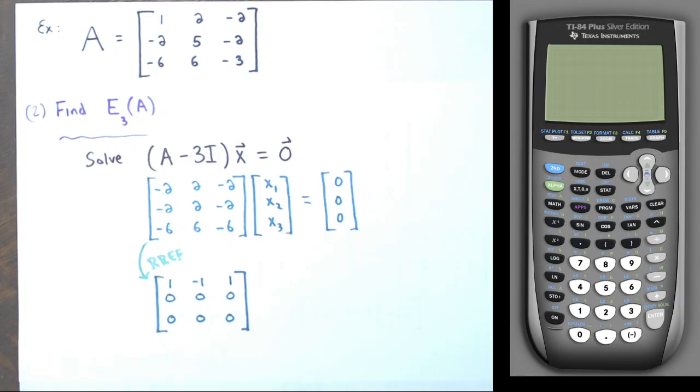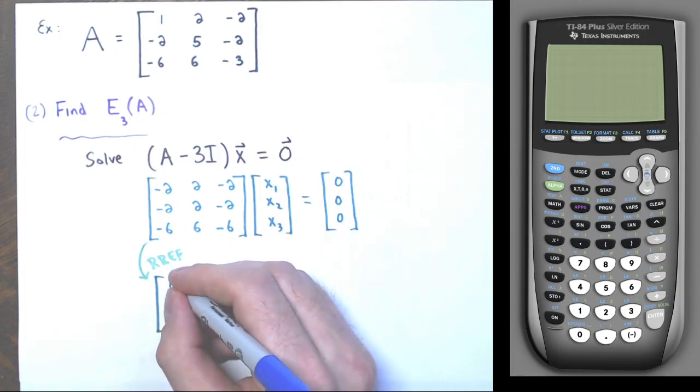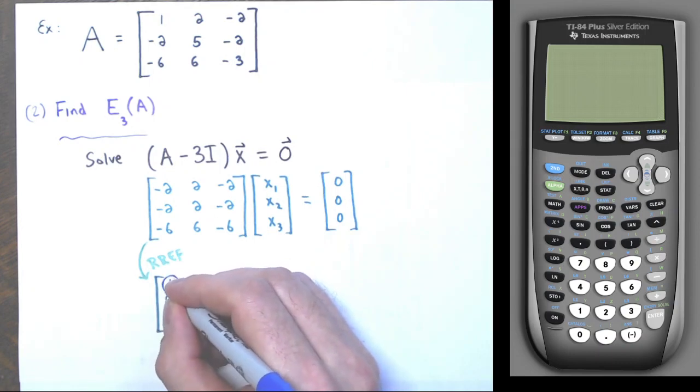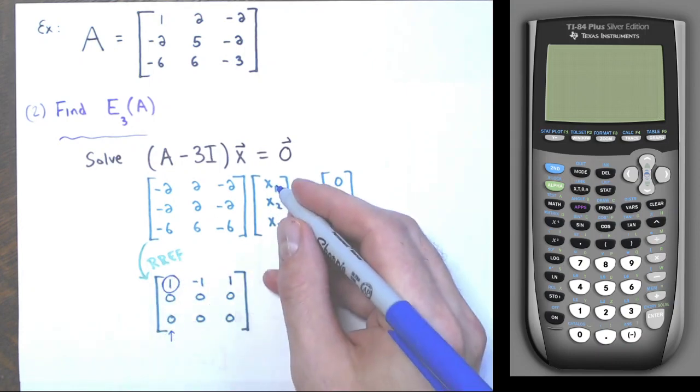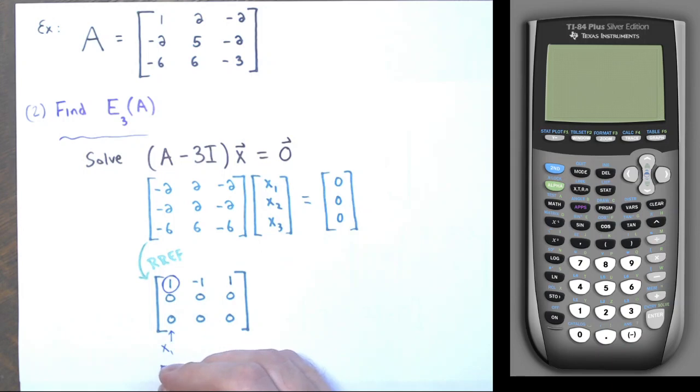Looking for my pivots, the only one of those leading ones is in the first column. So the variable x1 is basic. And the other two columns do not contain a pivot. So x2 and x3 are free variables.